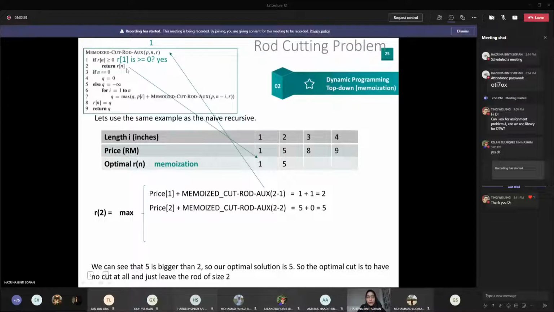What did we save? We saved 1 ringgit into our memory. Therefore, we call back the 1 ringgit. So we get this value of n equals 1, which is 1 ringgit. So the price of 1 is 1 ringgit. 1 plus 1 is 2.